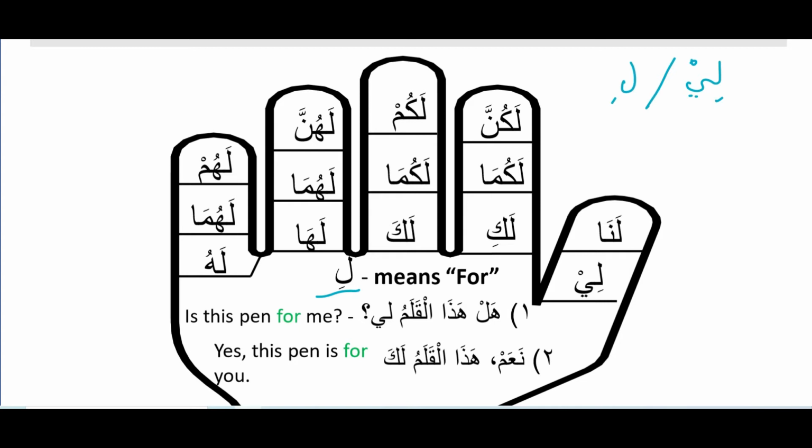So when it goes upwards to nahnu onwards: nahnu, anti, antuma, antunna, anta, antuma, antum, hiya, huma, hunna, huwa, huma, hum, the lam has to be uppercase. It has to be lana, laki, lakuma, lakunna, laka, lakuma, lakum. It cannot be lowercase. Okay, why?